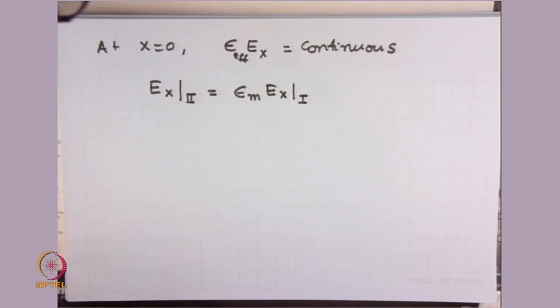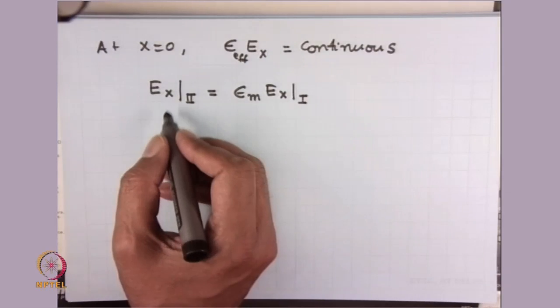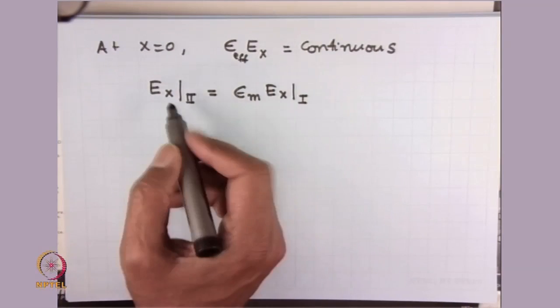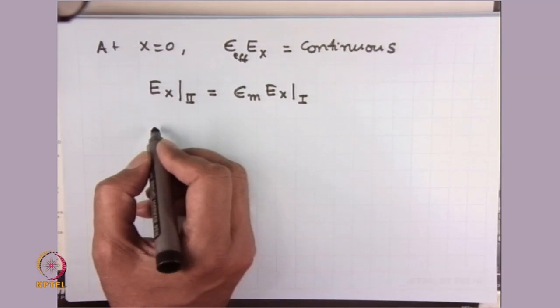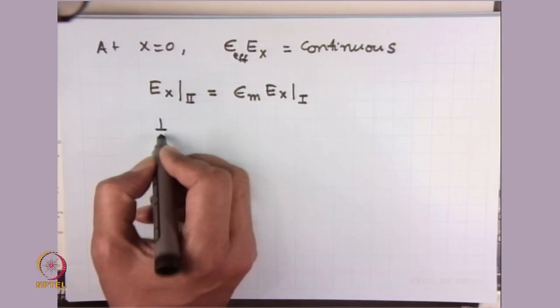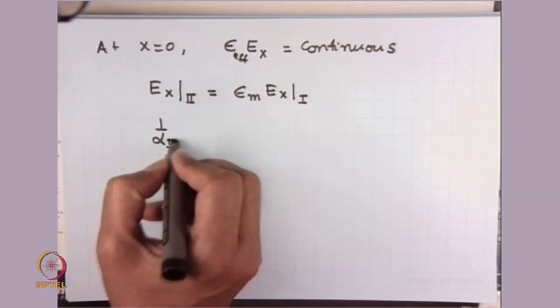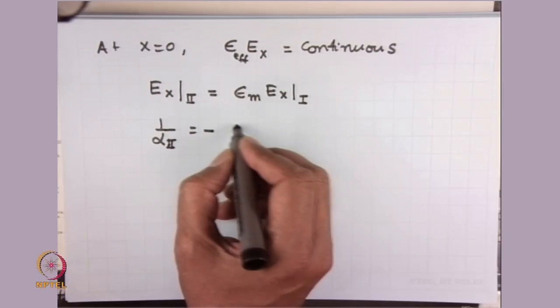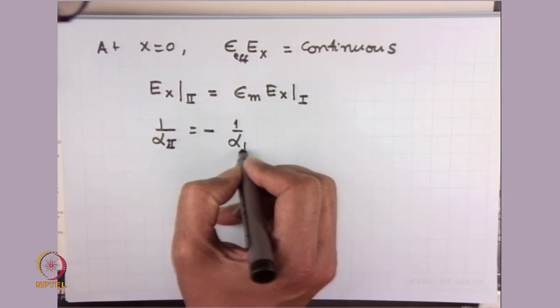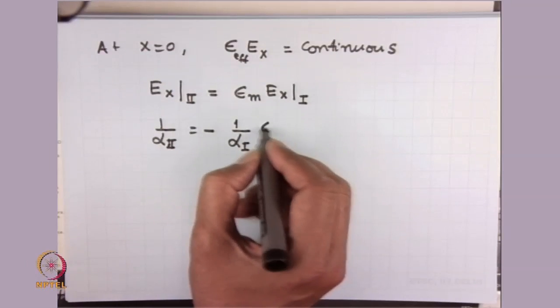If I use the earlier expression, I will find that at x equal to 0, every term cancels out, except you will get 1 upon alpha 2 here is equal to minus 1 upon alpha 1 into epsilon m.